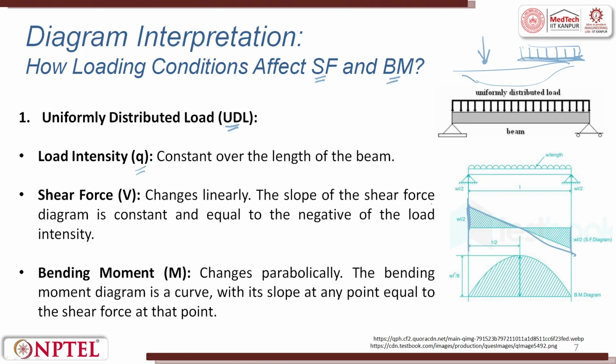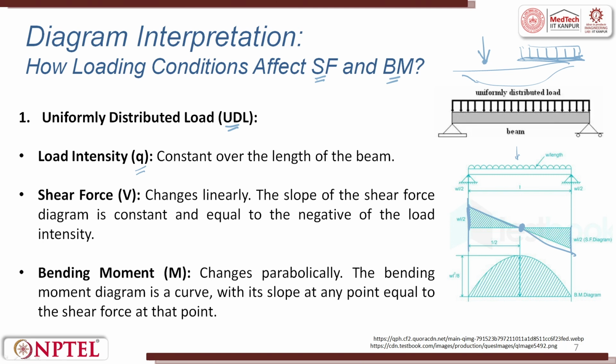The slope of the shear force diagram is constant and equal to the negative of the load intensity. It starts from here, and at the midpoint it comes to 0, and then it crosses over. So at the midpoint you will have a 0, where the slope of the curve reaches the 0 point.